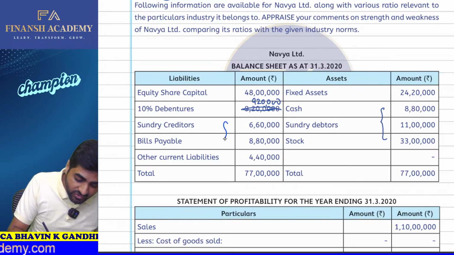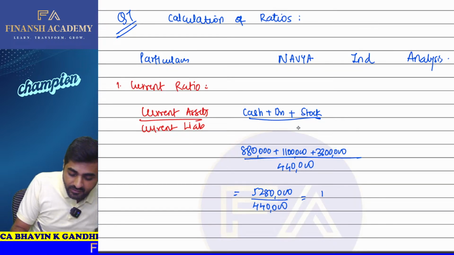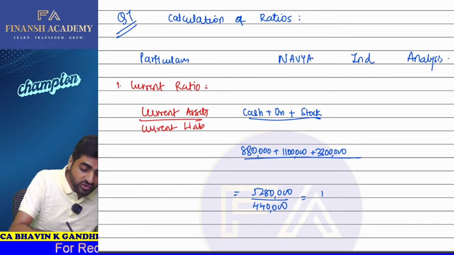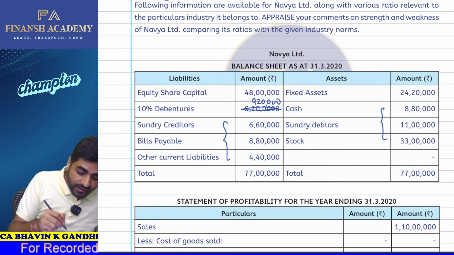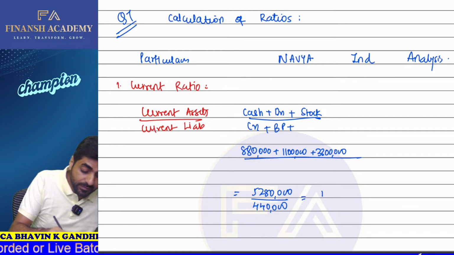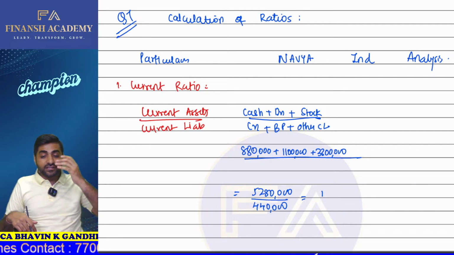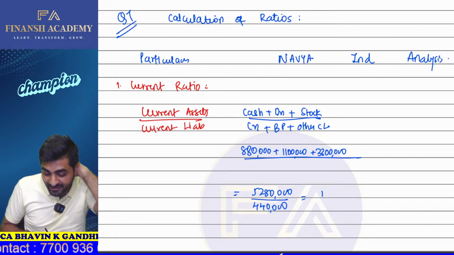Acha, current liabilities also has all this part. So current liabilities will also be the combination of creditors, bills payable, plus other current liabilities. That's what I was wondering, how can we have such a big amount of current liabilities?